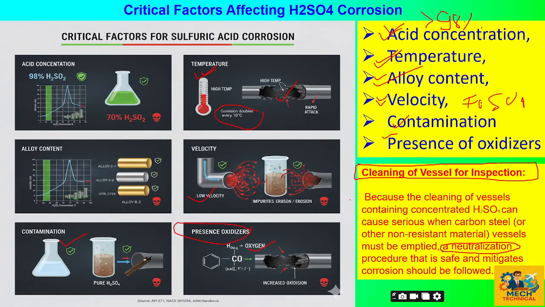So first of all, we have to neutralize it. Otherwise, the concentrated sulfuric acid on the walls of the tank or vessel will cause serious corrosion when the carbon steel vessel gets emptied. So we have to take care of this when our vessel or tank is being handed over for inspection.